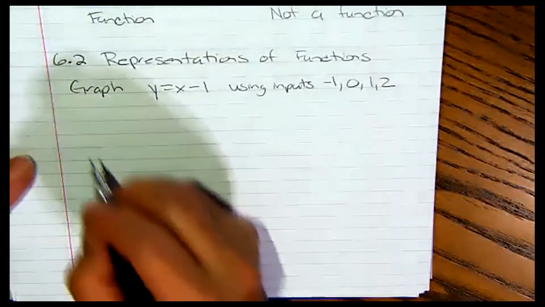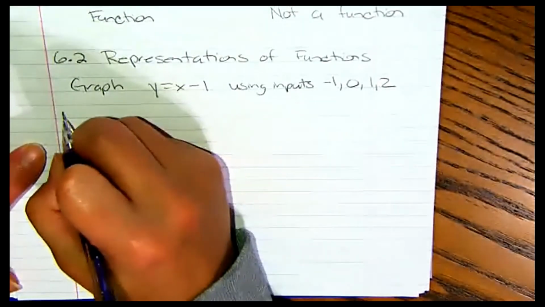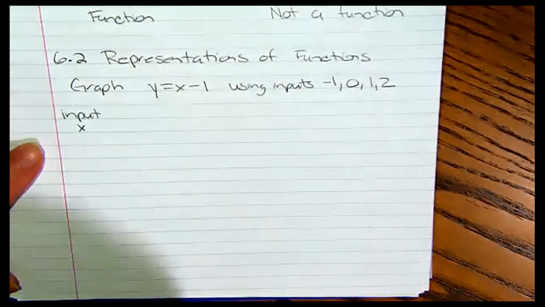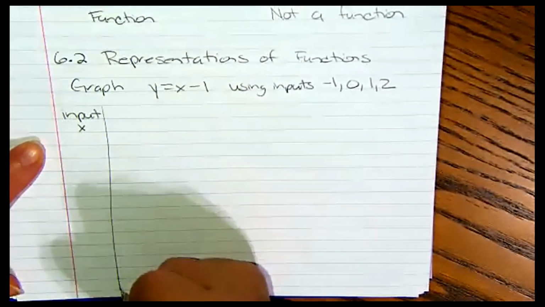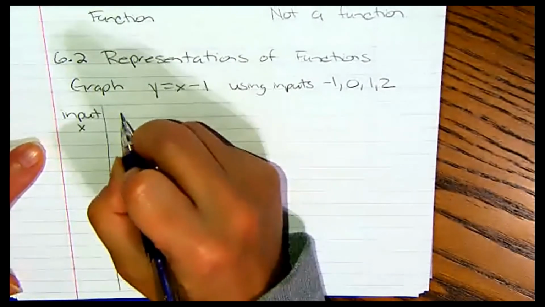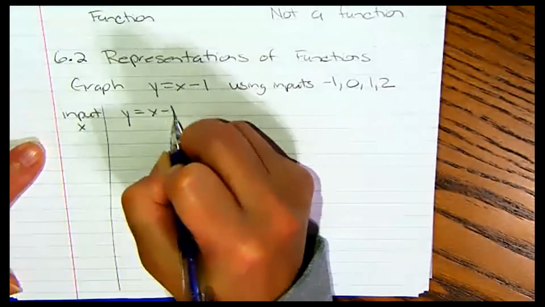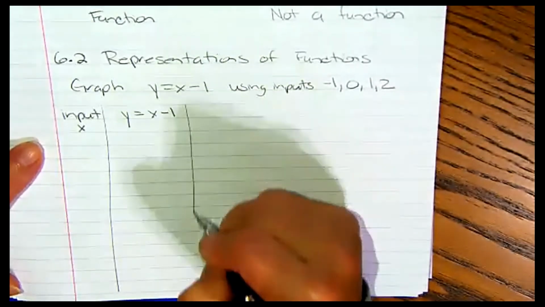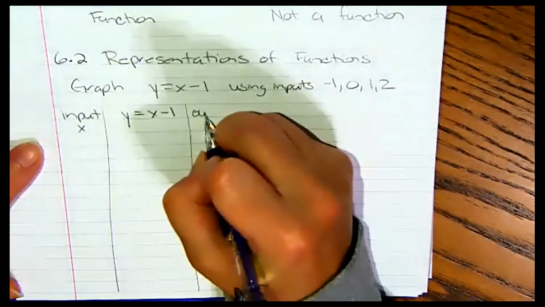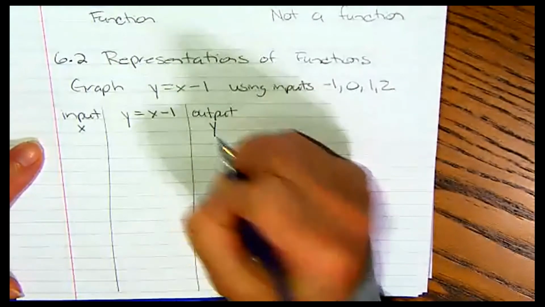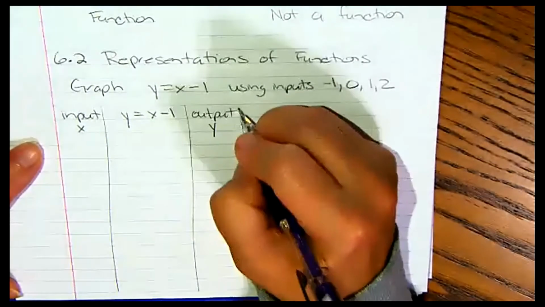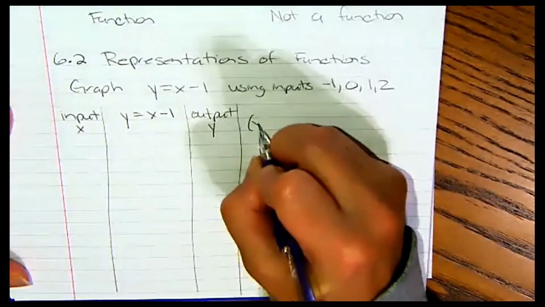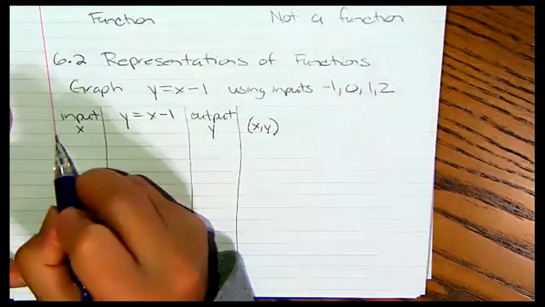So we're still going to create a table, only we're going to call this input, which is x. Here's our function, also known as a linear equation. We're going to call this output, which is y. And x and y together make our ordered pair.